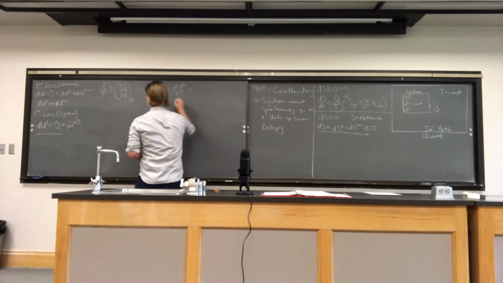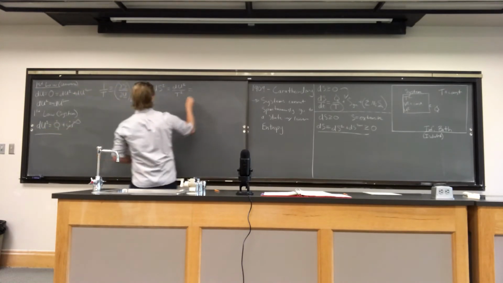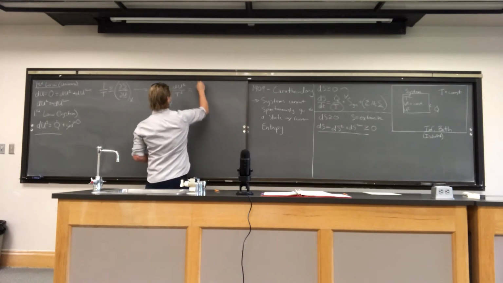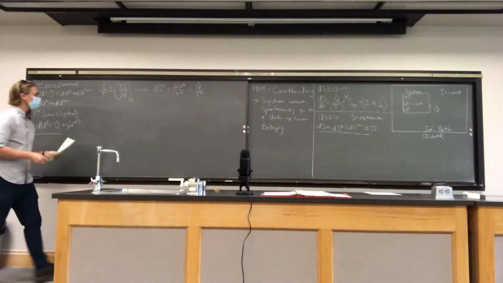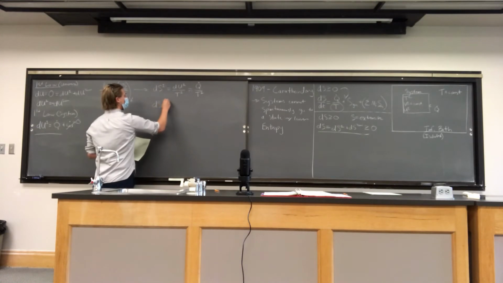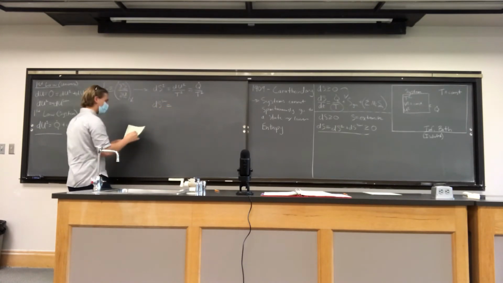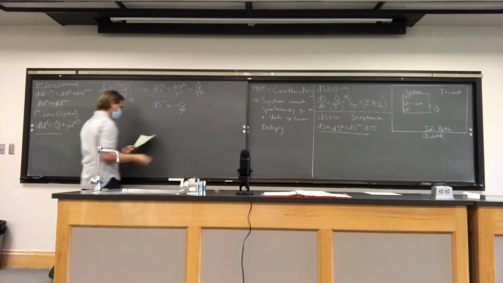If we substitute in our energy balance, we can then write this as the heat input over the temperature. Likewise, we can do exactly the same thing for the surroundings. In this case, it'll be minus Q over T.